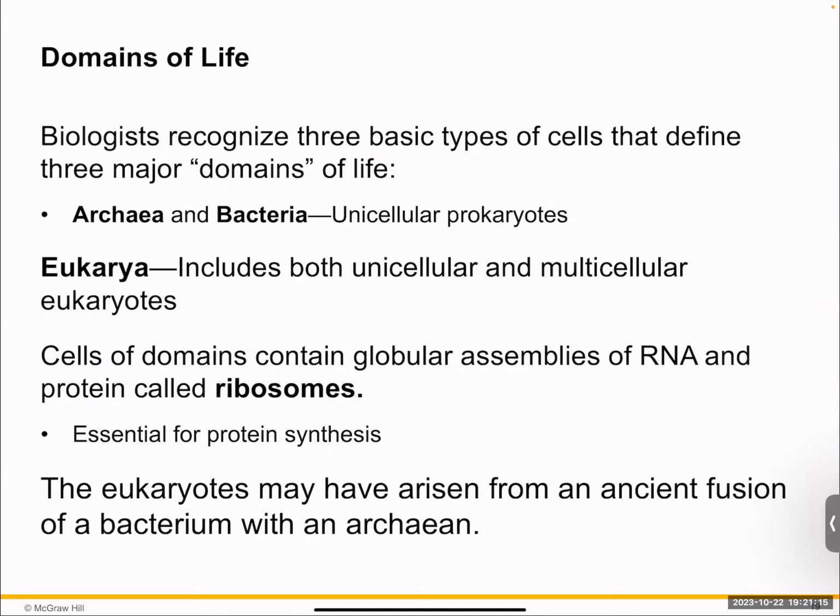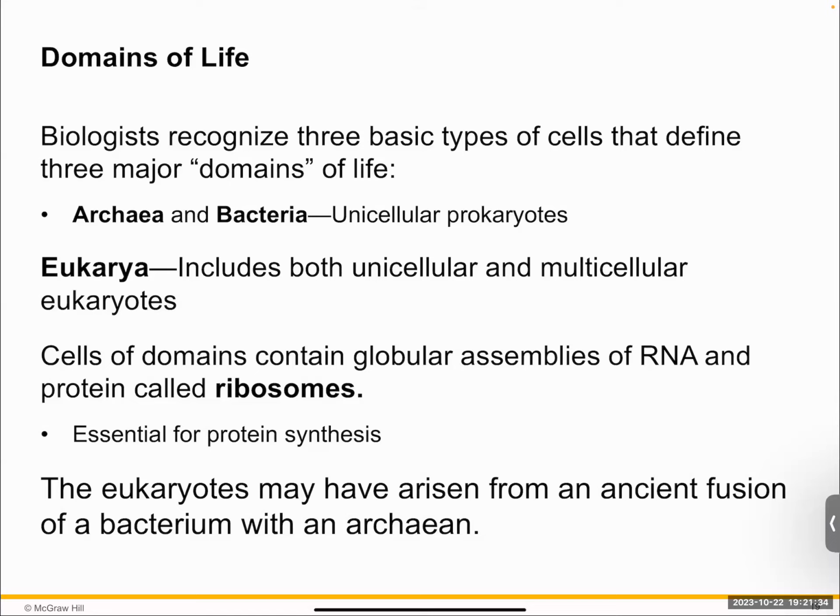Now we're going to switch gears from the organelles and look at the domains of life. We as scientists understand that there are 3 basic types of cells that define 3 major domains.